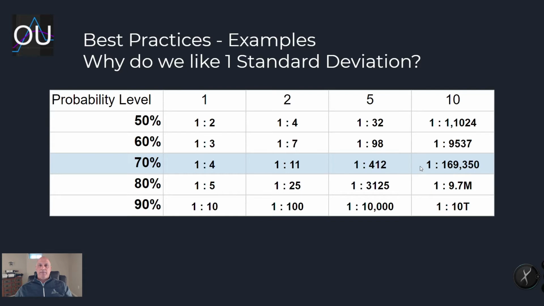These numbers go up extremely high, so your chances of failing 10 times in a row are extremely low. And that's why over time, your probability level of success would be 70%. You're trying to achieve that with your option trading.